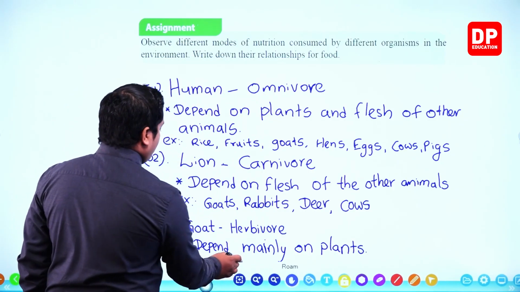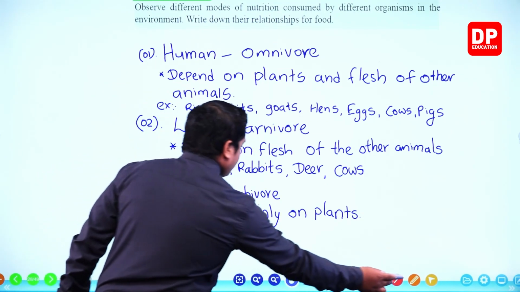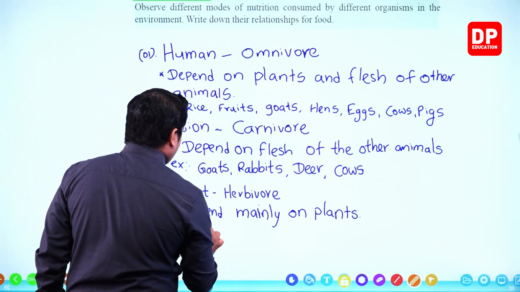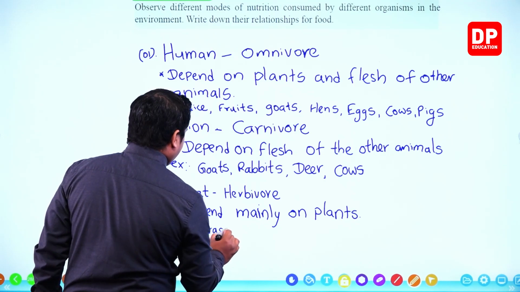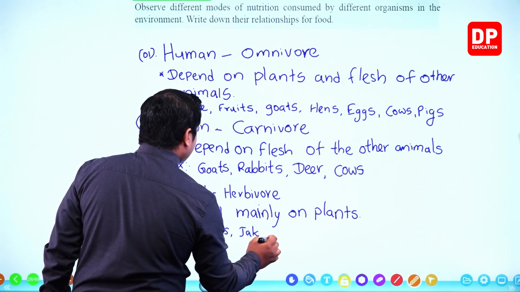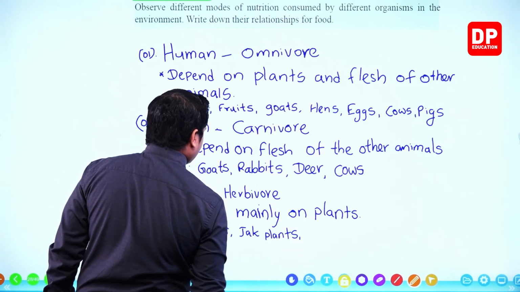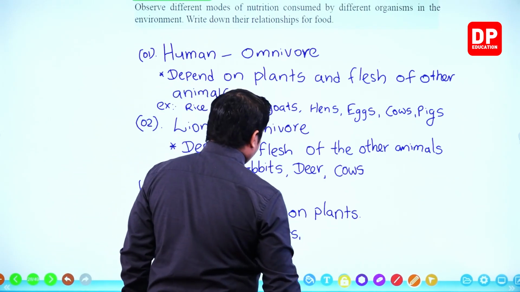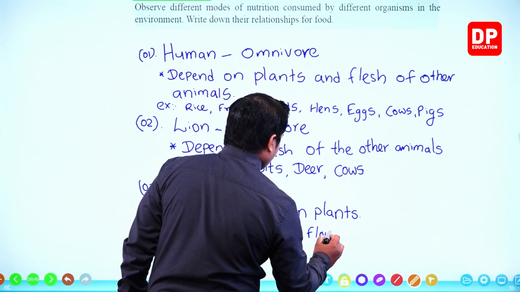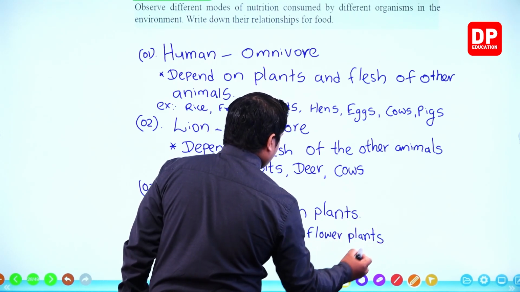So they depend mainly on plants. Examples: grass, jack, right? Then flower plants and so on.